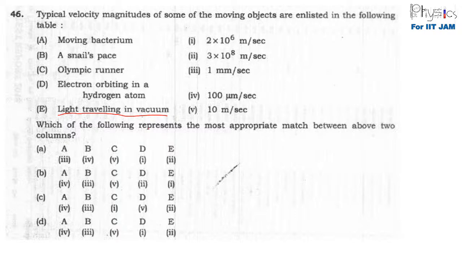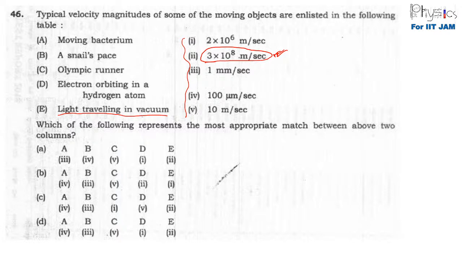Nothing in our known universe can have more speed or velocity than light, and it is equal to 3 into 10 to the power 8 meter per second. Here, this is the maximum velocity given in these options, right?